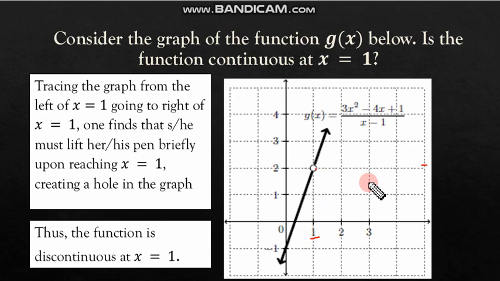This is a white dot. It means that at this point, x equals 1, the value of f of x is undefined or non-existing. So as we trace the graph from the left side of x equals 1 going to the right of x equals 1, we could see that at exactly x equals 1 there's a hole in the graph.